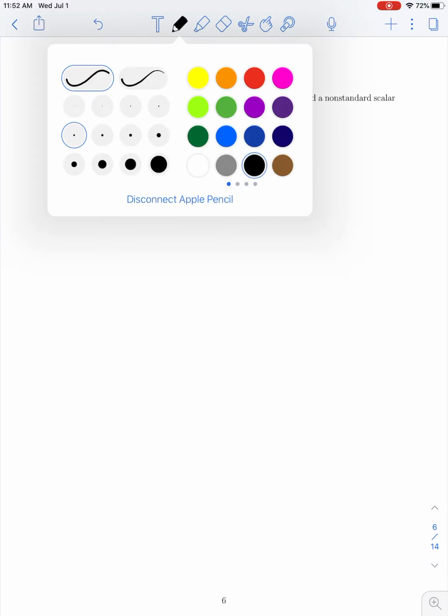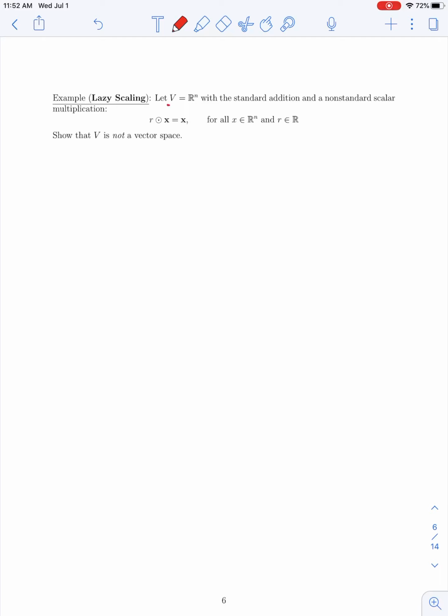In this next example, we've got something very similar, where we will have a set V, which is the set of all n-dimensional vectors of real numbers. And again, we're going to use the standard addition for that space, but we will use a non-standard scalar multiplication defined as r circle dot x is equal to x for every x in the space and for every scalar r.